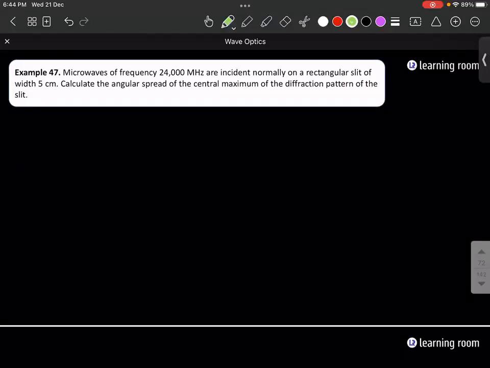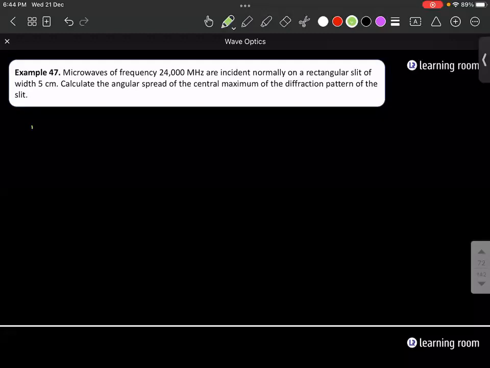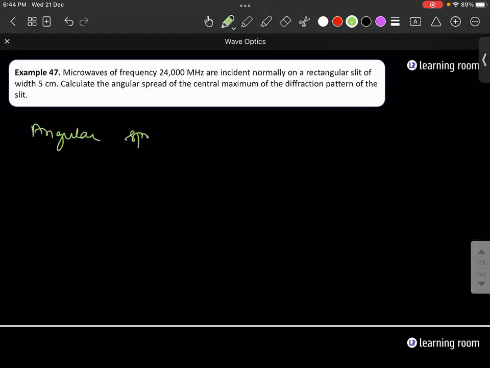Do this. Microwaves of frequency 24,000 megahertz are incident normally on a rectangular slit of width 5 centimeters. Calculate the angular spread of the central maxima of the diffraction pattern of the slit. So angular spread is going to be 2 times lambda divided by A. So 2 into, what is the value of lambda?